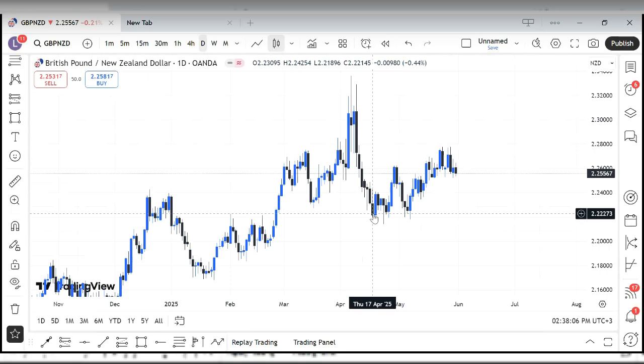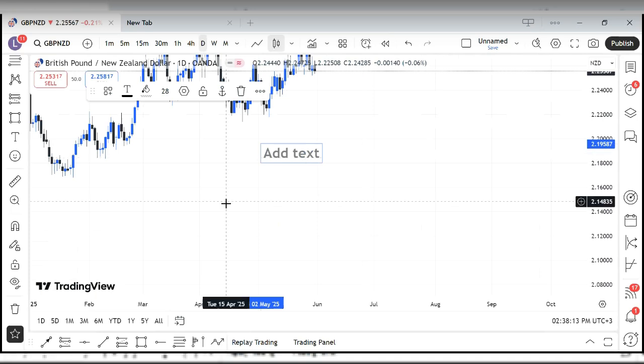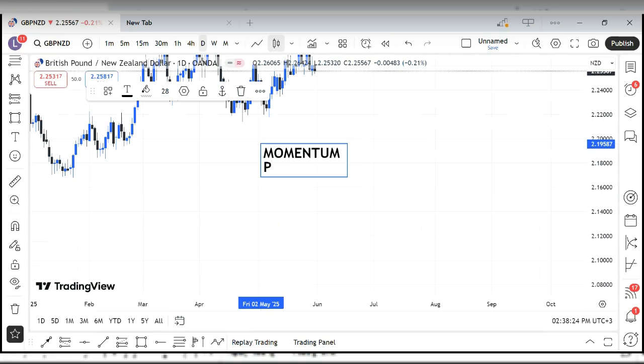Now, basically, for us, we categorize those indicators into three categories. We have the momentum indicators. We also have price indicators, and I'm giving you how we expanded them.